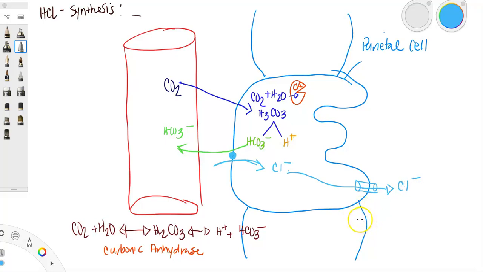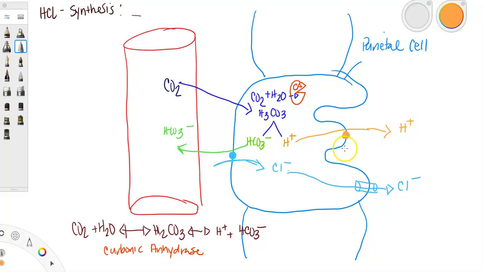Okay, so it goes into the lumen of the stomach through this channel, and then the hydrogen is then pumped out. There's a little like carrier thing here. So it's pumped out also into the lumen.